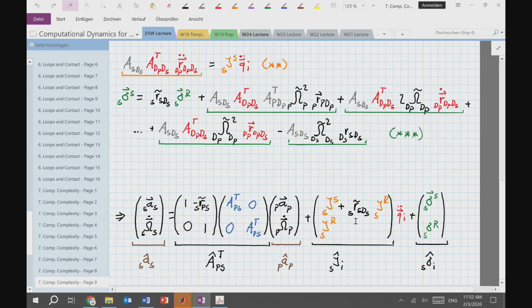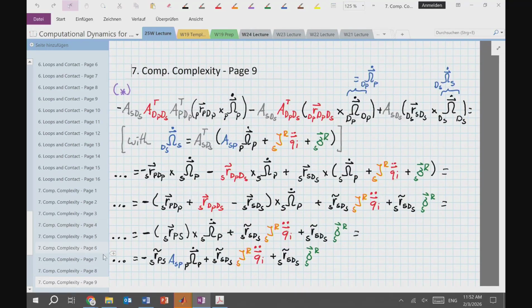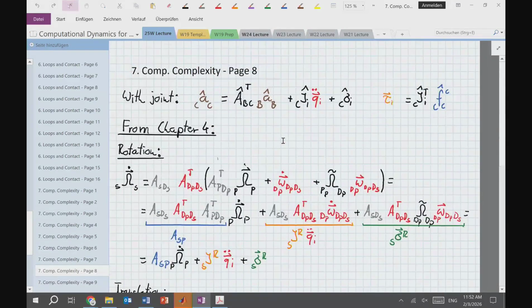And here we see a nice structure for our Jacobian. A lot of math, not a lot to learn here, other than that you believe me now that this here is true. Right? I can do this. This is just an abbreviated form of writing my kinematics across a joint, and it reduces the 6-dimensional unknown to the n-dimensional unknown of how many joint motion primitives we have in this joint.